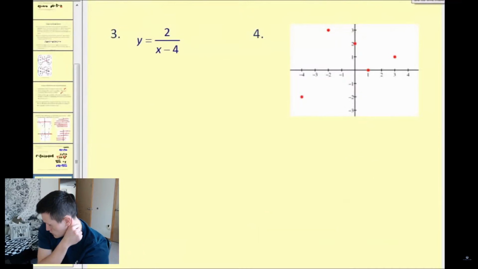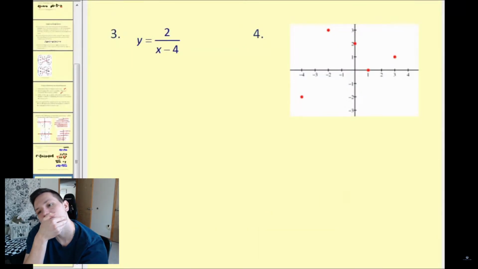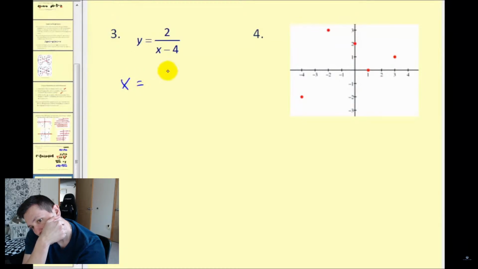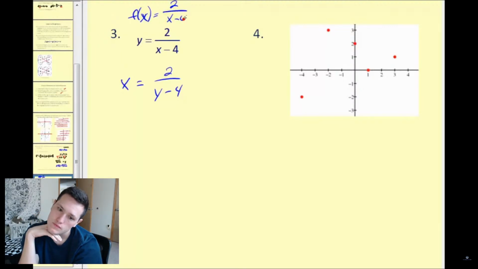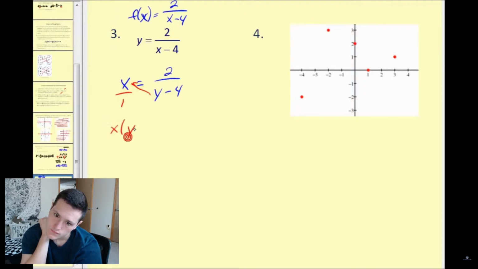Let's take a look at two more. Again, we have another function that's given as one-to-one. So we'll go ahead and interchange our variables. We'll have x equals 2 divided by the quantity y minus 4. Remember that this given equation is a function which could have been written as f of x equals 2 divided by x minus 4. We need to solve this for y, so let's go ahead and perform cross products here. x times y minus 4 must equal 2.